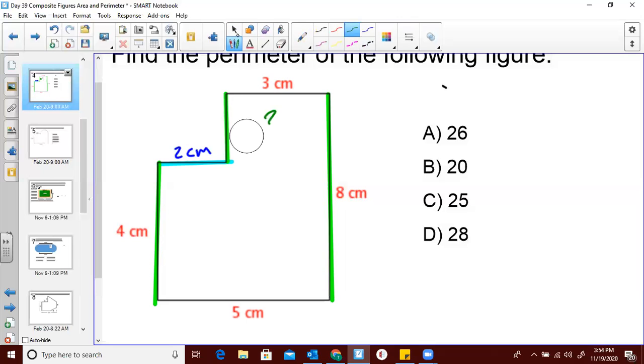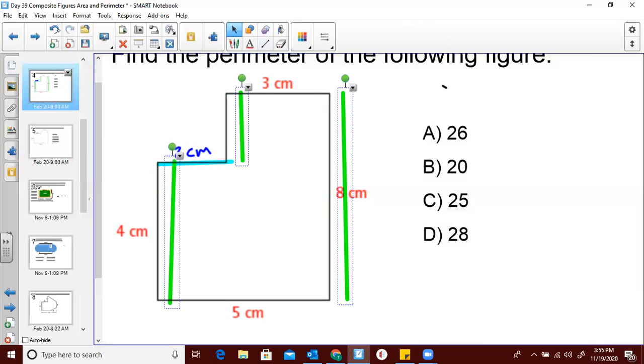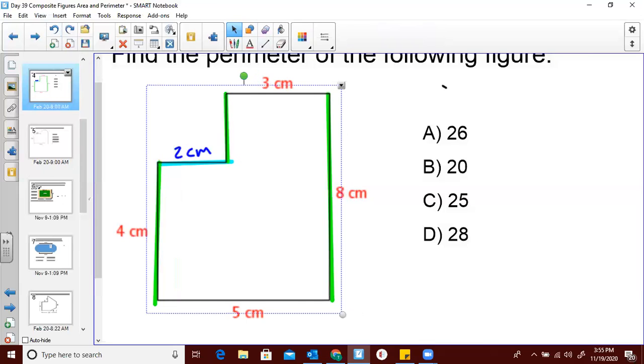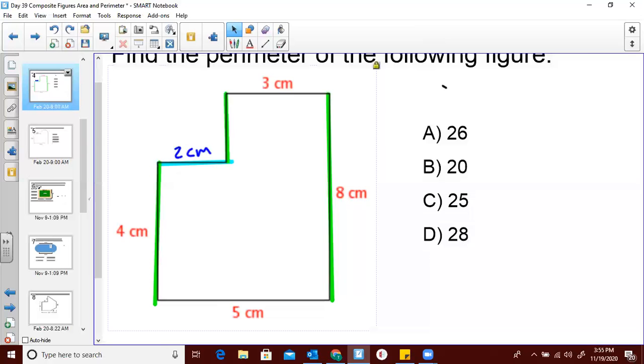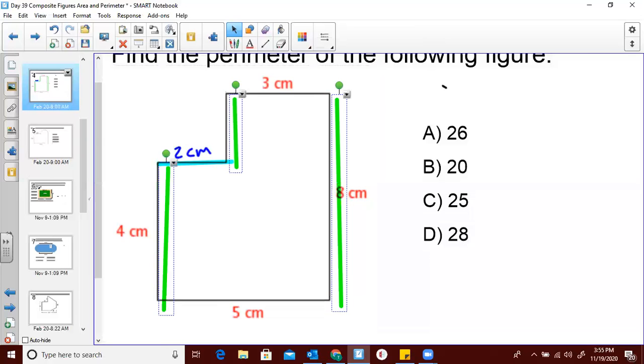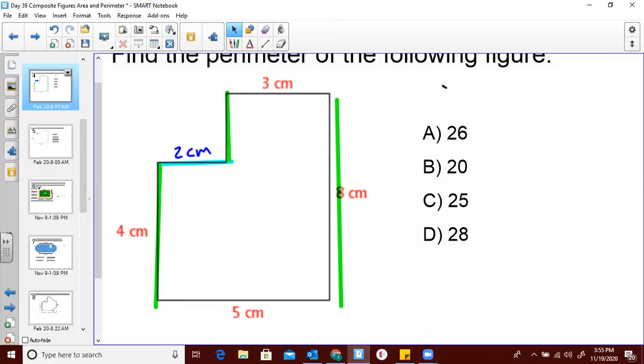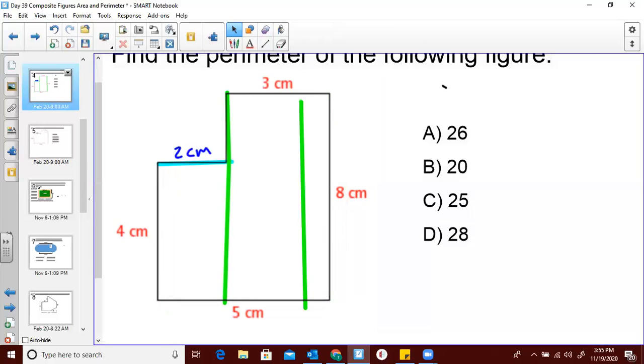But I do notice that if I bring this 4 side right here over, now this line all the way through that's green matches my 8, my longest side, my right-hand side.